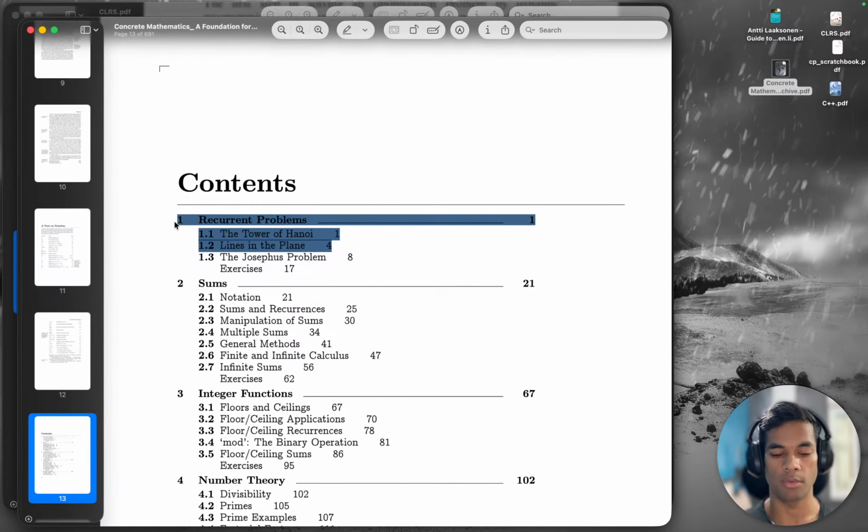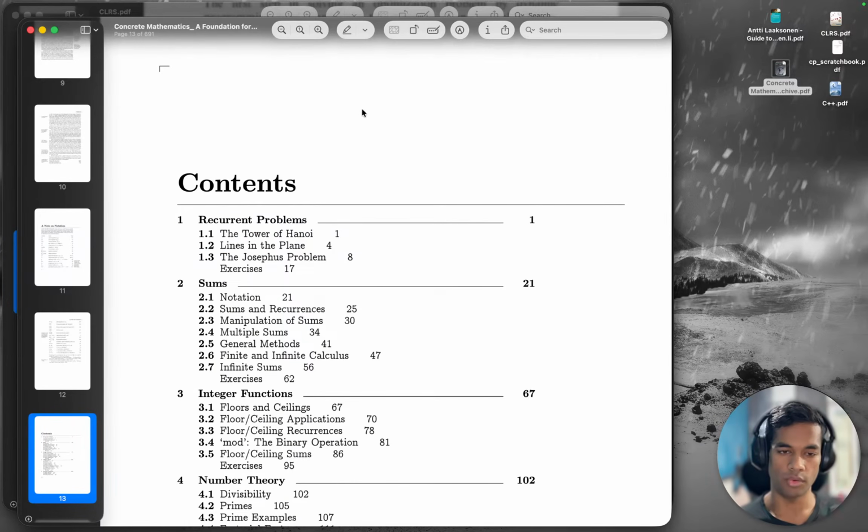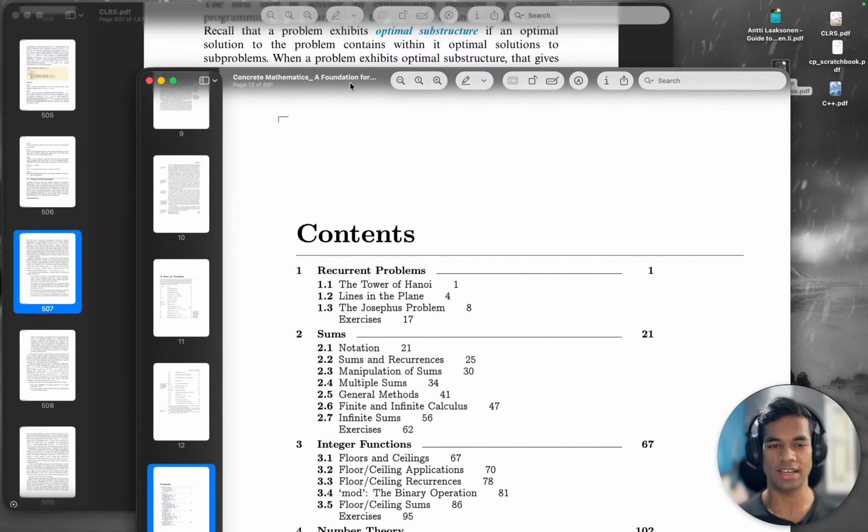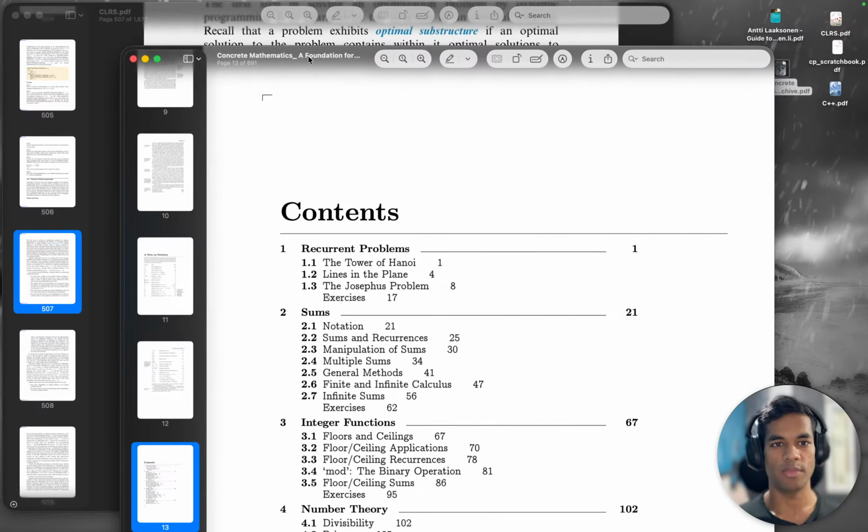They talk about first finding a recursive formula, then converting that recursive formula into a closed form formula, proving that your recursive formula is the best solution, and that your closed form formula matches the recursive formula using induction. And yeah, at some point I will make a video on these topics.